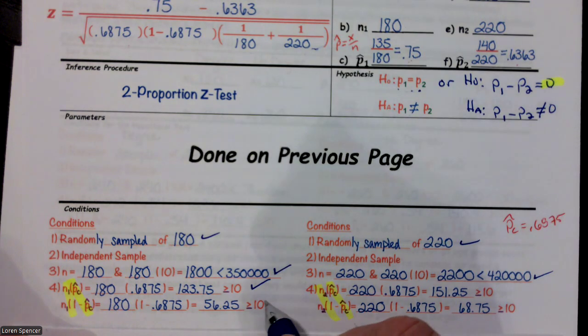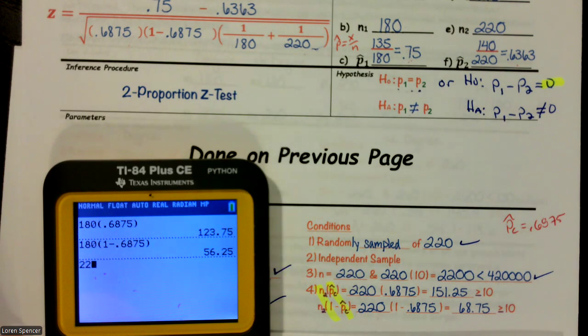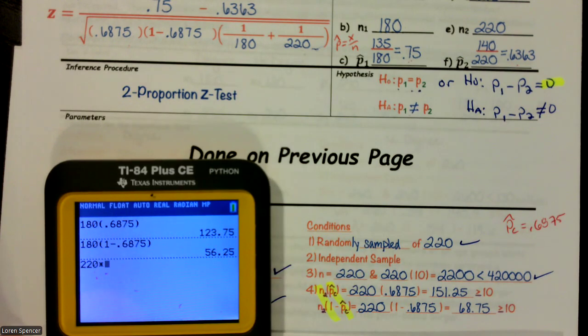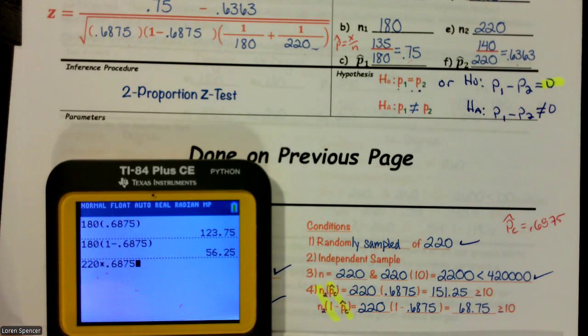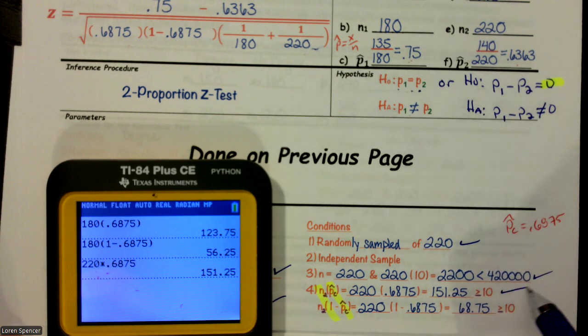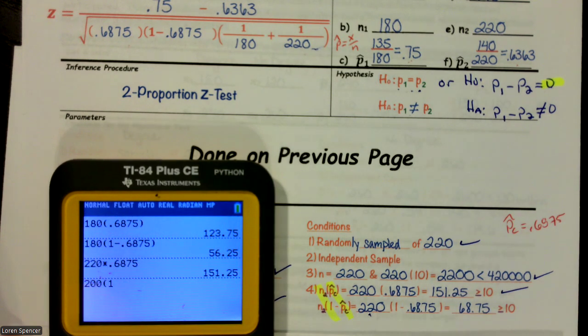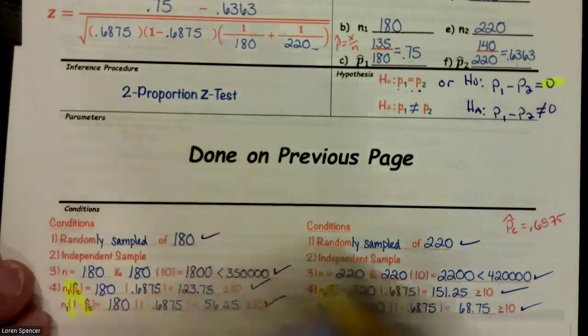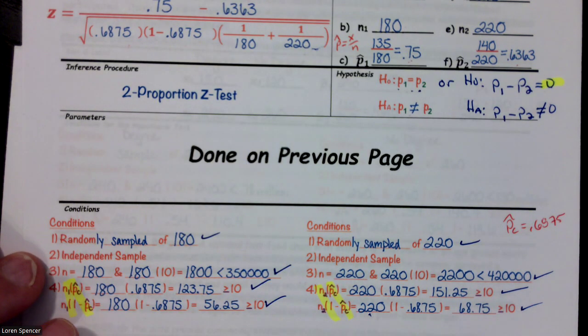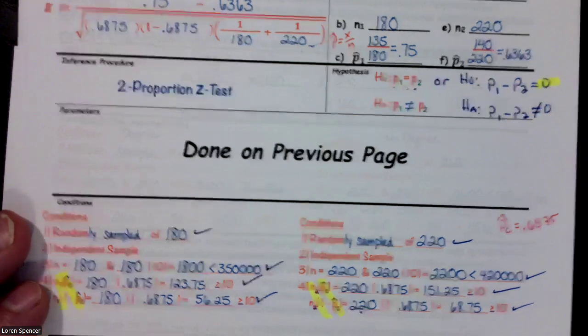That's also greater than 10. So this part's big enough. Then we're going to go 220 times 0.6875. Large enough. And then 220 times 1 minus P hat combined. And that's 62.5. So both samples are large enough. So now that both samples are large enough, we can go ahead and run our test.